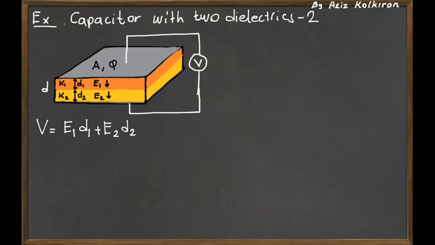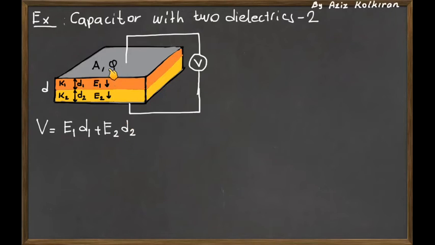So the next thing is, with this configuration, we have to find the total potential difference between the plates in terms of the electric fields and the thicknesses of the dielectrics. Since the potential difference is just a line integral between any two points, the total potential difference will be E1 times D1 plus E2 times D2.